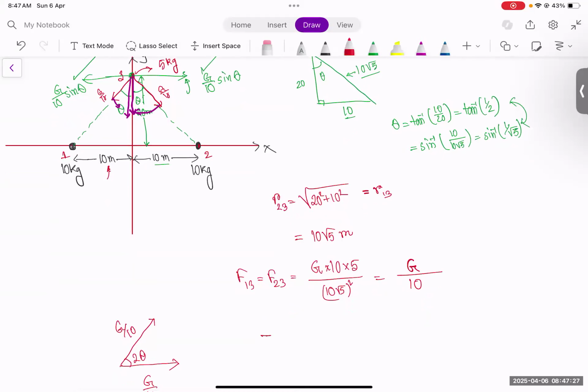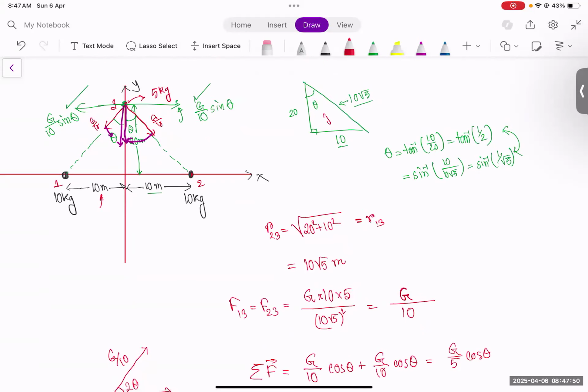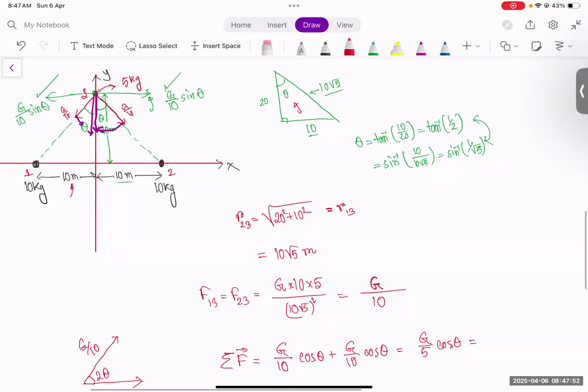So my net force, the sum of these two force vectors, will just be G over 10, the value of the force, cos theta, plus G over 10 cos theta, which is basically G over 5 cosine theta. What is cosine theta? From this triangle we can find cosine theta. Cosine theta will be 20 divided by 10 root 5. So we can cancel some things out.